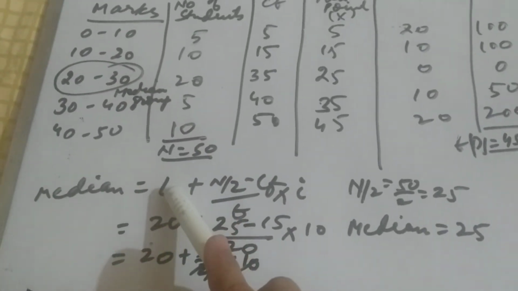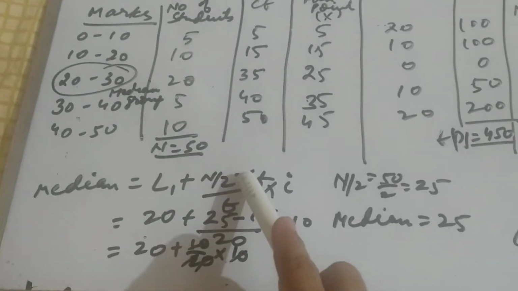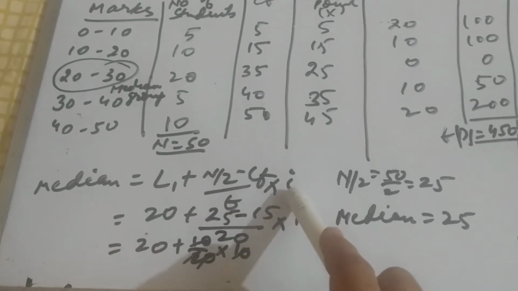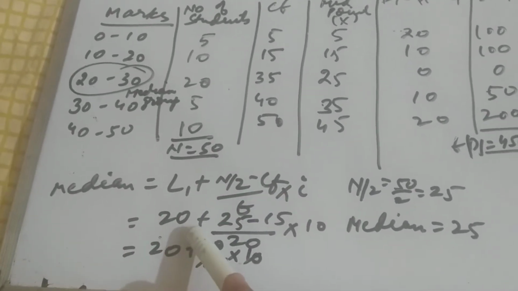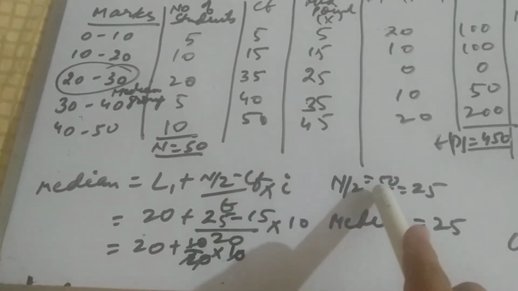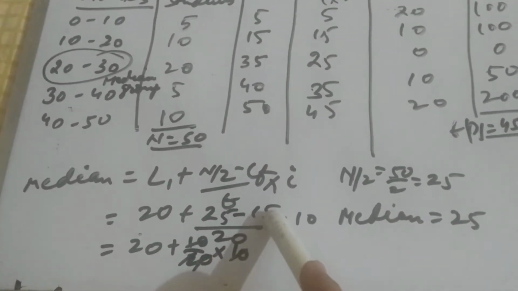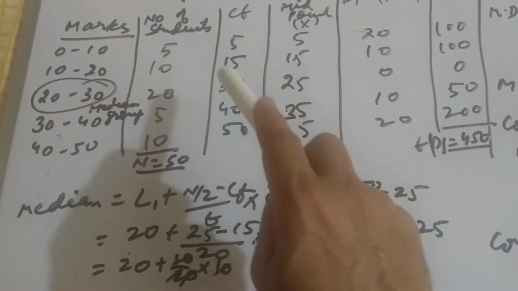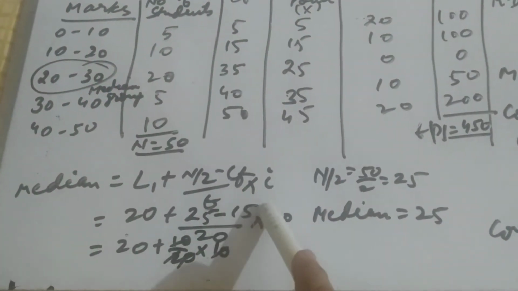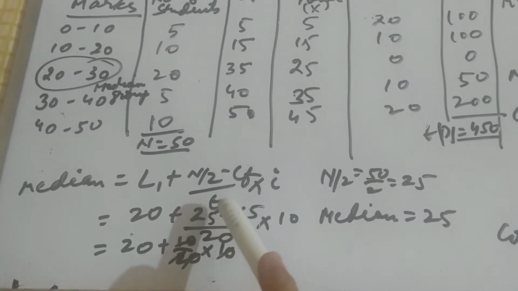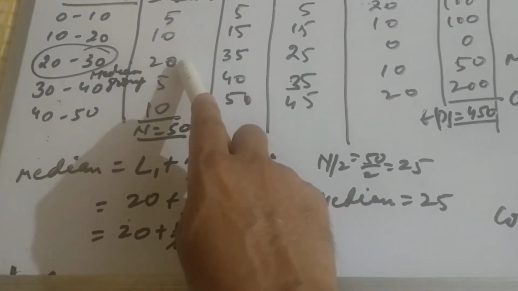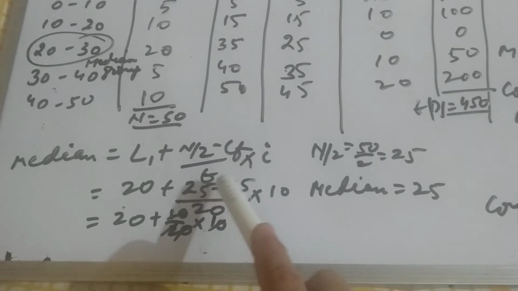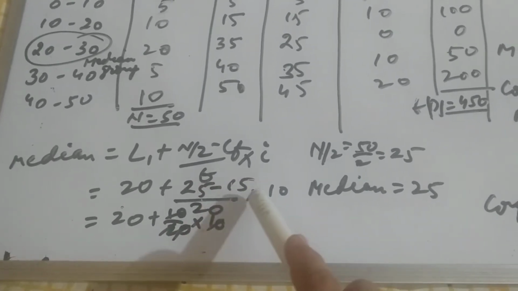Then apply the formula L1 plus n by 2 minus CF upon f into i. So L1 is 20, n by 2 we already know is 25, minus 15, because we have to take the CF of the preceding class, and then f, the frequency of the median class, which is 20. So 25 minus 15 upon 20 into 10.